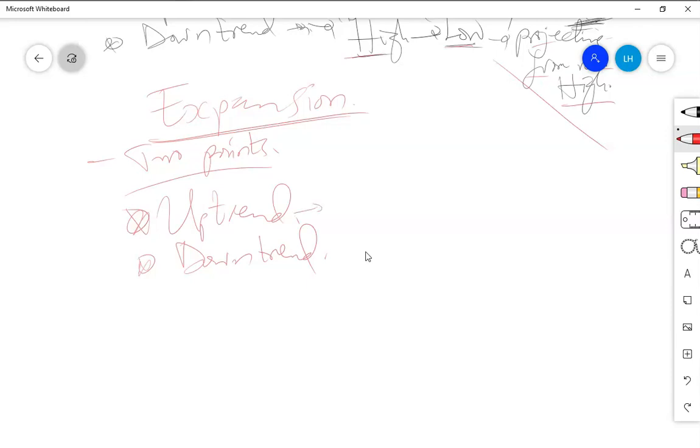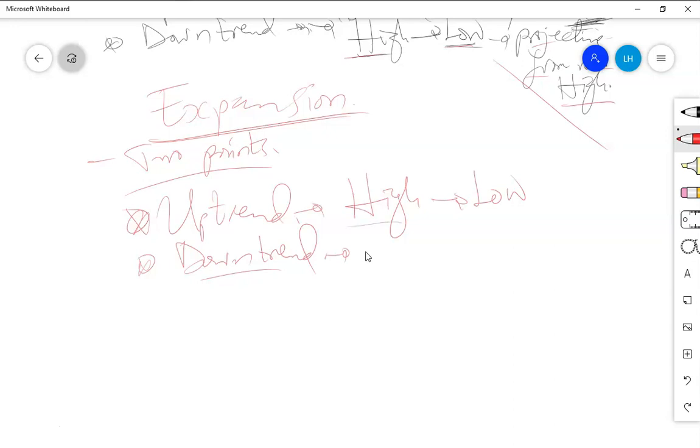So the key point here will be understanding how you can carry it out in an uptrend and how you can carry it out in a downtrend. In an uptrend, we need only 2 points. You will take the prior high to the low.